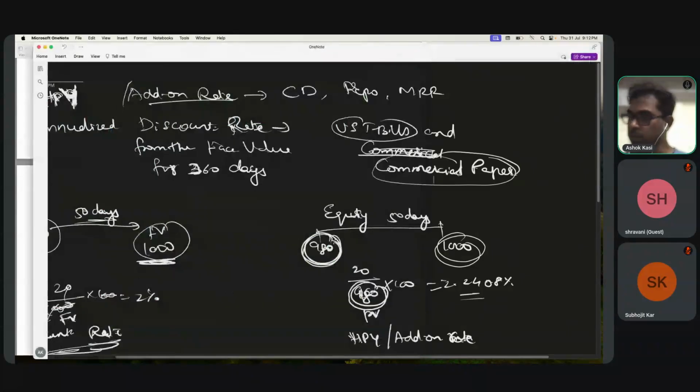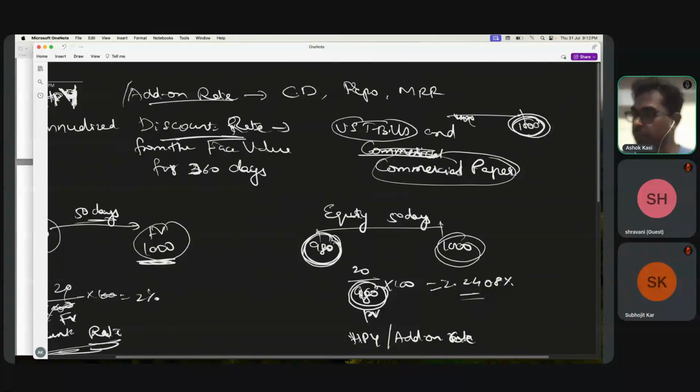In T bill, what happens? You know very well the future value is 100 or 1000. Only the present value will keep changing. So if you know the future value already, then we will use discount rate, because we are going to calculate from the future value.